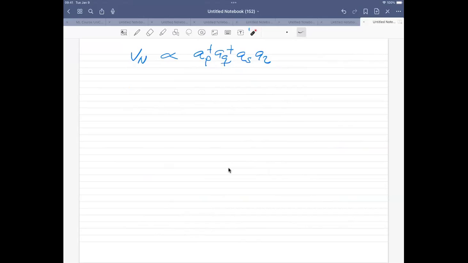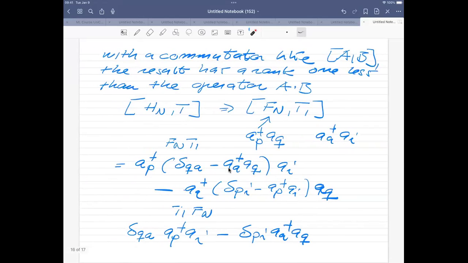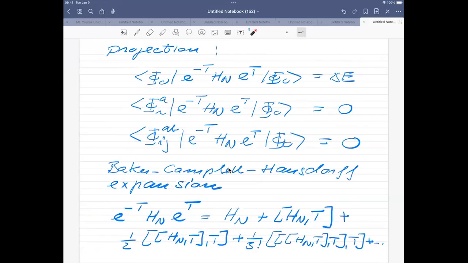And since the Hamiltonian is a rank 2 operator, if we have 4 nested commutators, what we can do then is at most to have a T1 here. And each one of these operations would remove one of the operators.